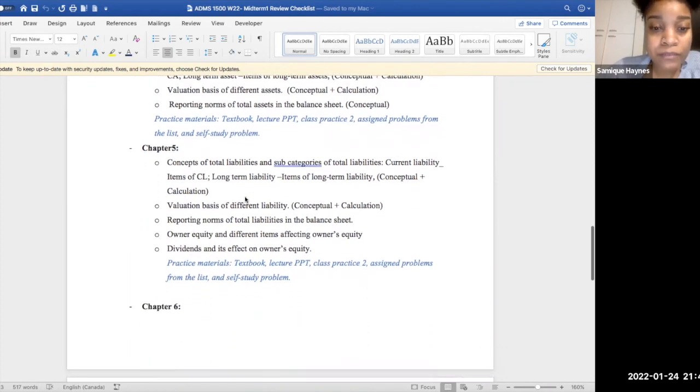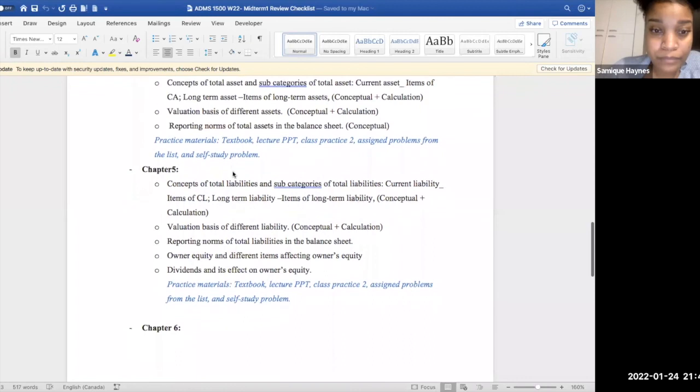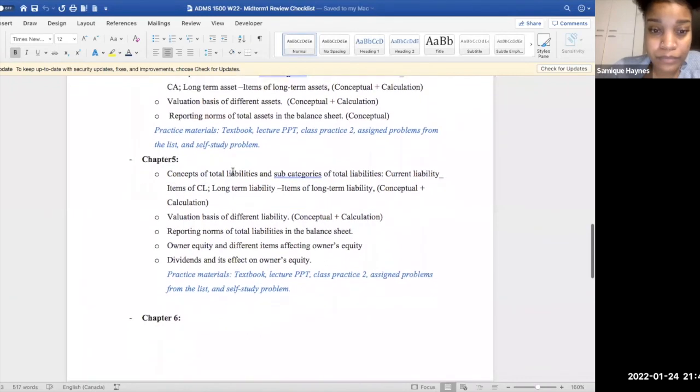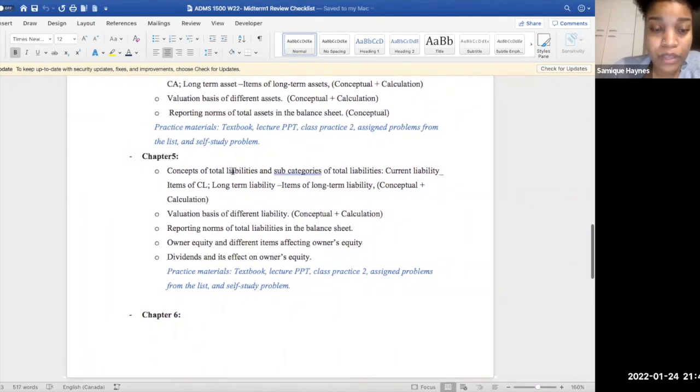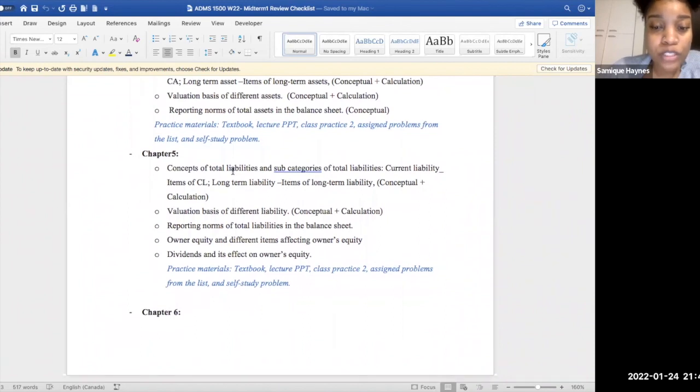Chapter 5. So chapter 5 was where we looked, we zoomed into still the balance sheet, but we focused more on the liabilities and the equity portion of it.